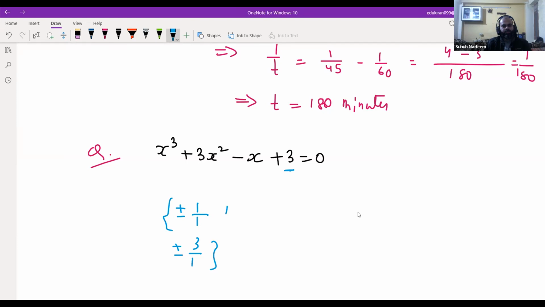So I should try these factors. Yeah, 1, minus 1, 3, minus 3. Check for them, whether any one is satisfying it.